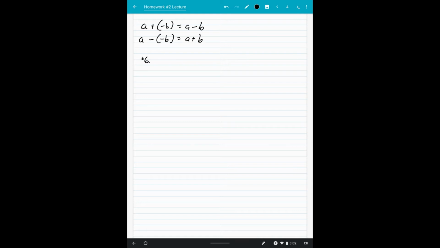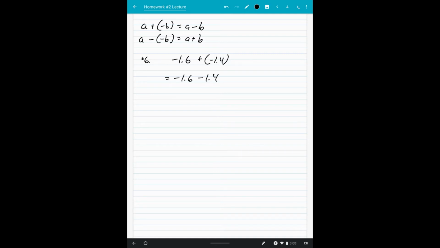It says negative 1.6 plus negative 1.4. Now for me, that's a hassle. I'm like, oh, more negative. I don't want to think about it that way. What we can do is just change this plus and negative and follow this theorem right here. This would just become negative 1.6 minus 1.4.